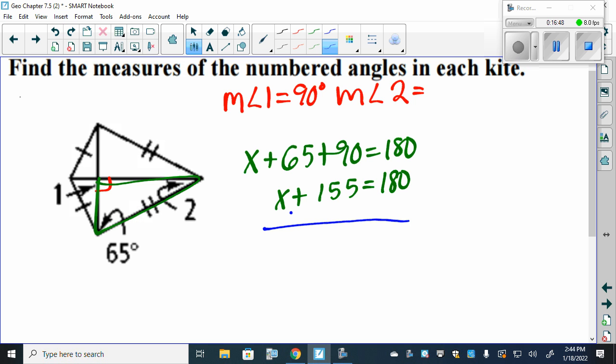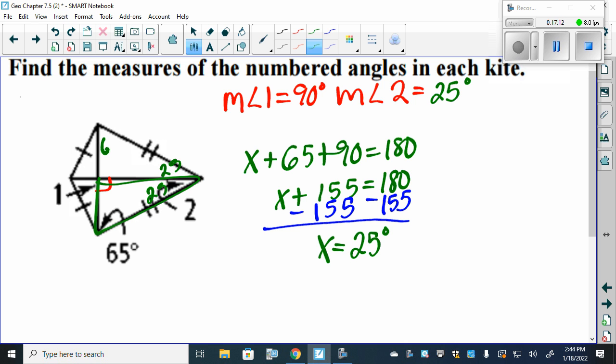At this point here, we can subtract 155 from both sides, which will tell us that x is equal to 25 degrees. So the measure of angle 2 is 25 degrees. So we really know that this is 25, this here would be 25, and this angle actually inside here would be 65.